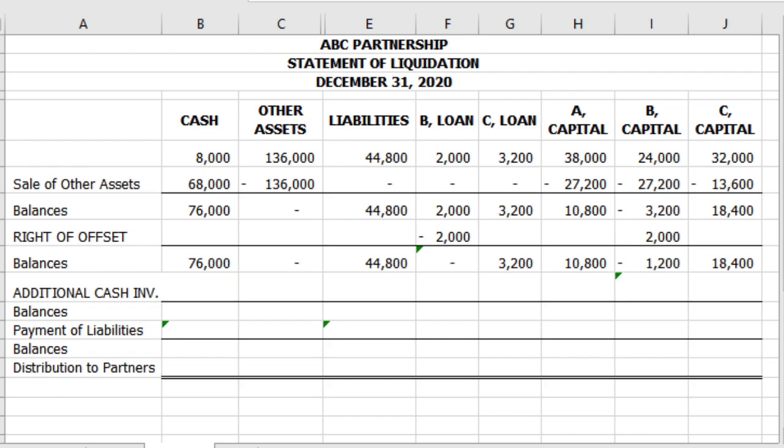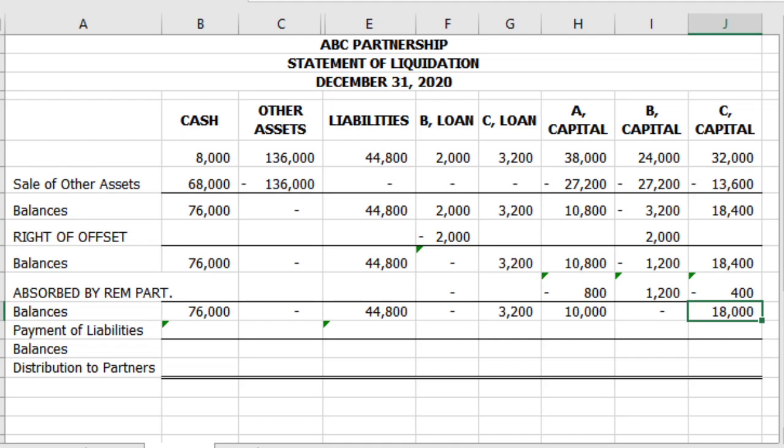So, 4 is to 2. So, wala na yung isang 4. So, 4 and 2 na lang, which means 4/6 and 2/6. So, for A, 4/6 and C is 2/6. So, yung 4/6 natin is 800 and then C naman is 400. So, yan na.